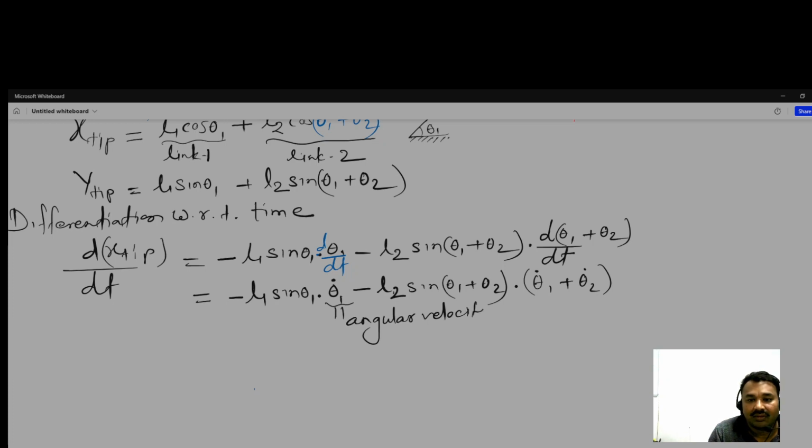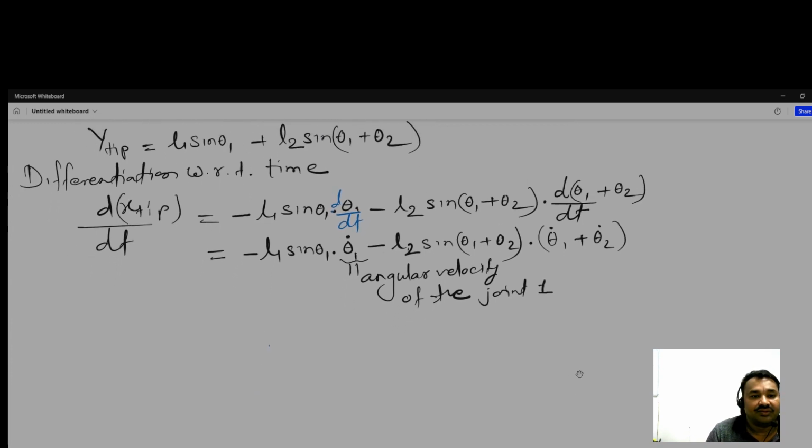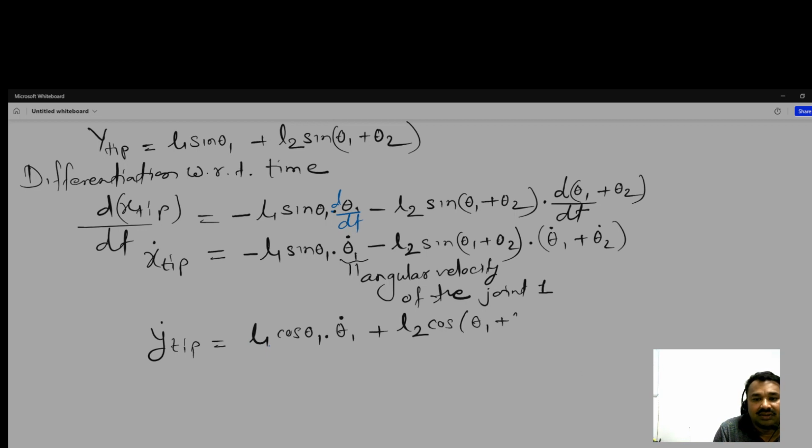Similarly we can get y dot tip, and it will be L1 cos theta 1 theta 1 dot plus L2 cos of theta 1 plus theta 2 and theta 1 plus theta 2 with the dot.